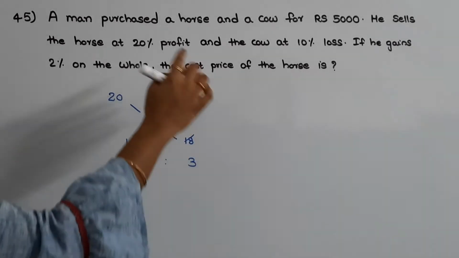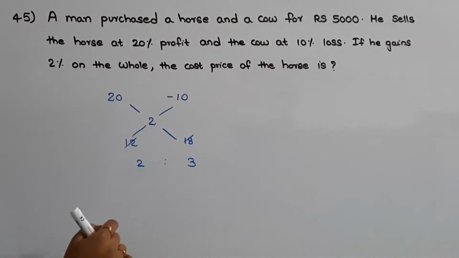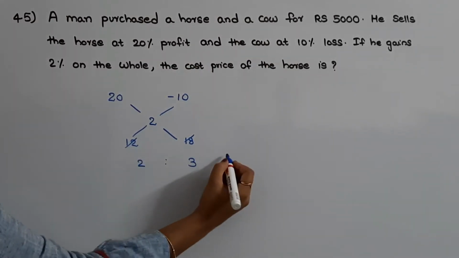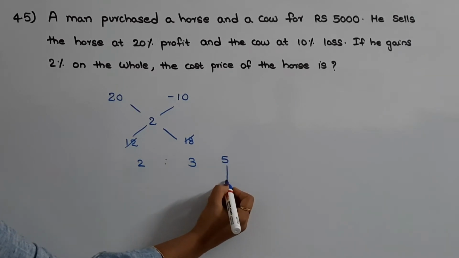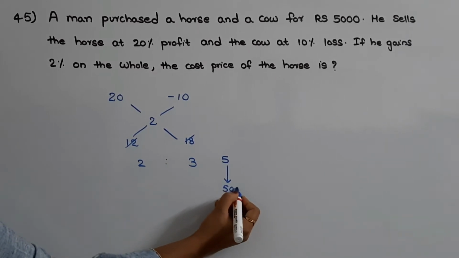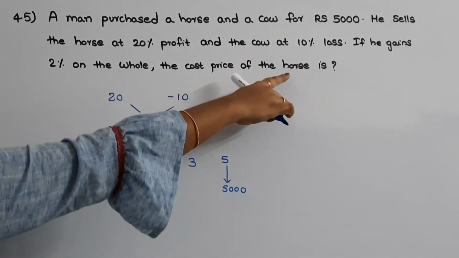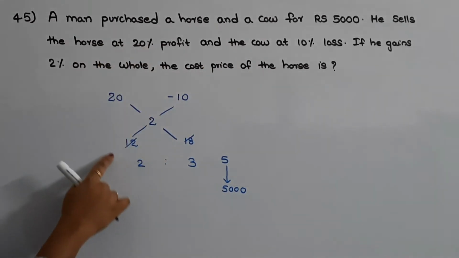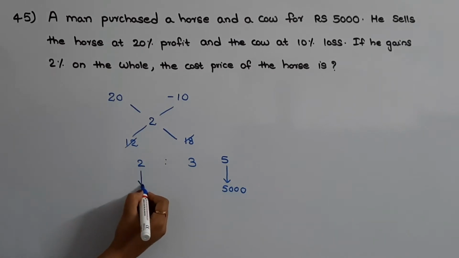So the total cost of the horse and cow is given as 5000. We need to find the sum of the ratios, that will be 2 plus 3, that is 5. So we can write this 5 as 5000. We need to find out the cost price of the horse. The horse was sold at 20% profit, so we need to find out the value of this 2.